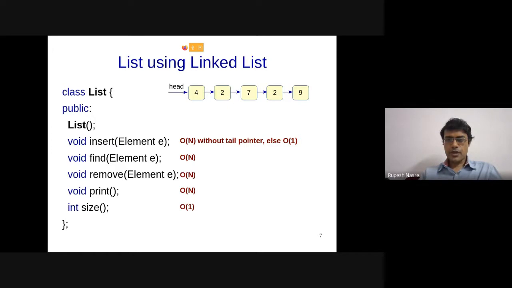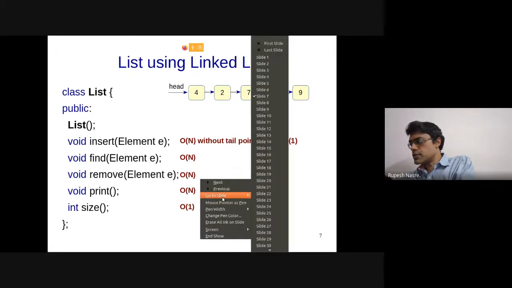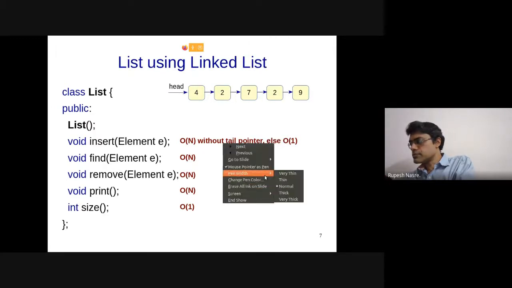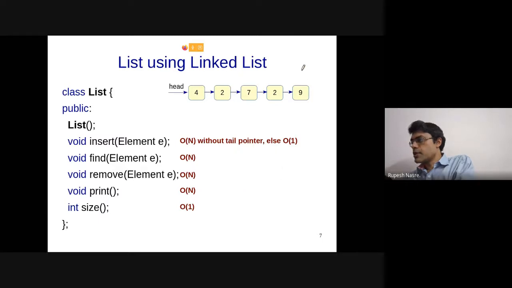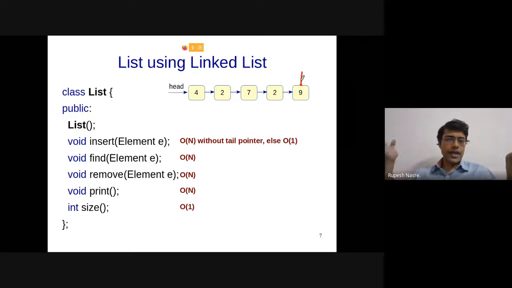Anish, can you repeat how insert with tail pointer is order 1? Right. So I can maintain a tail pointer here, right? And then if I have to insert some element at the end, let's say number 5, then 9's node.next is going to be a new node, which I'll create.